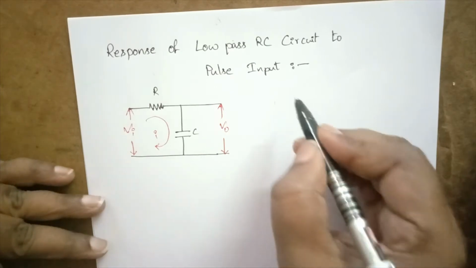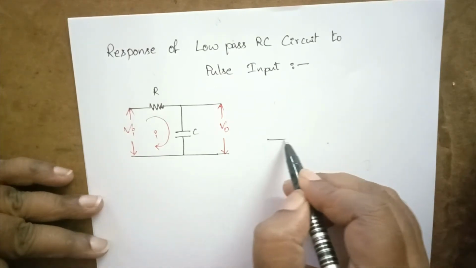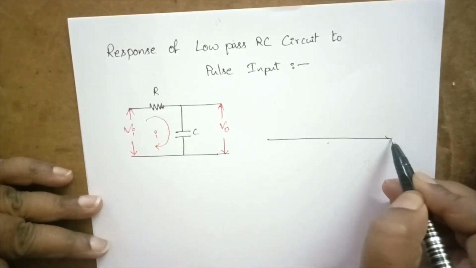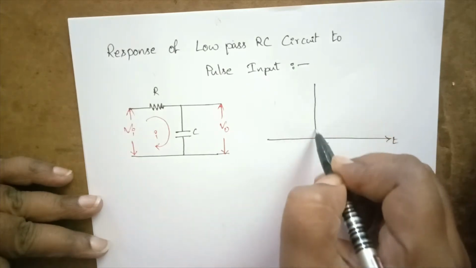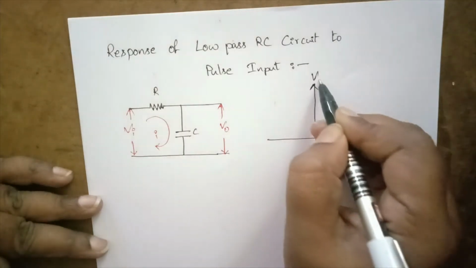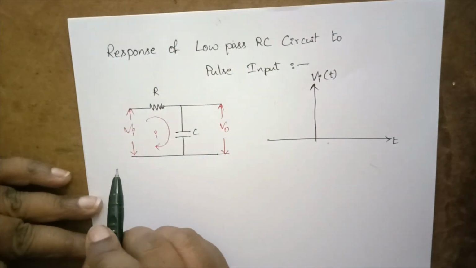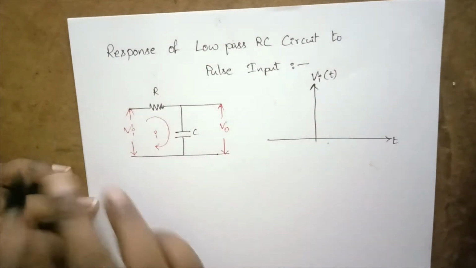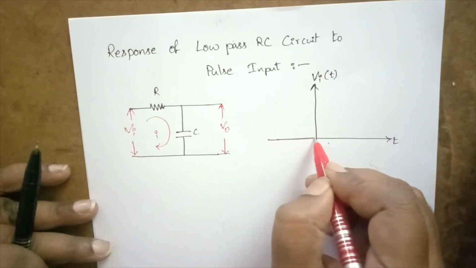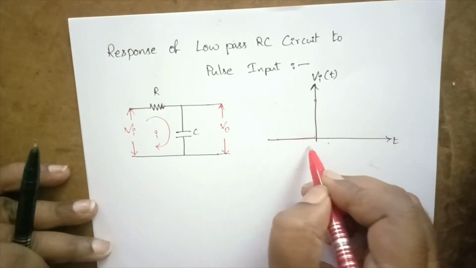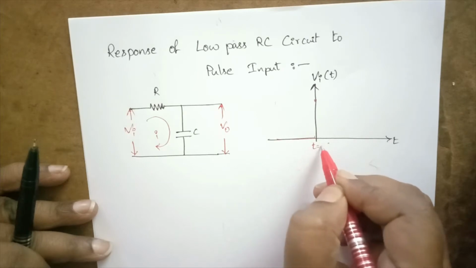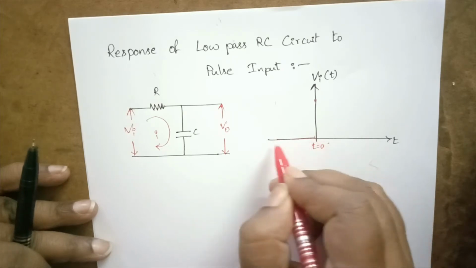If the pulse input we are applying to this circuit is, let us assume, plotted against T, and here I mention Vi, which represents the input voltage. So what is a pulse input? It is defined only for a short duration of time. From minus infinity to 0, it is 0.